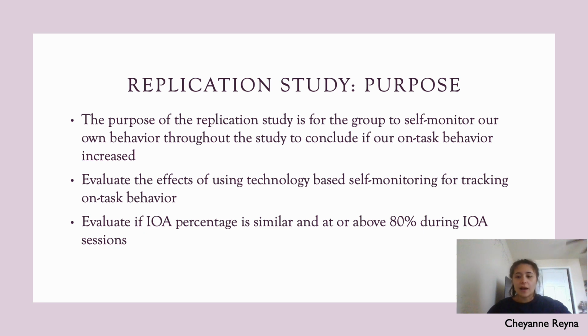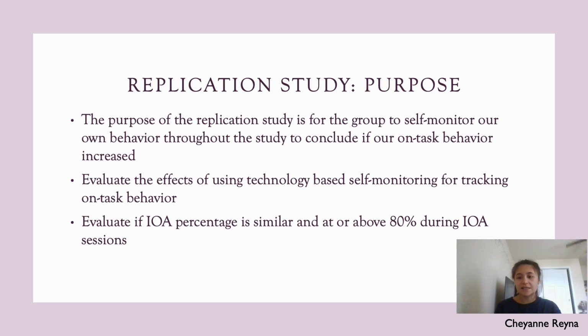Hi guys, so I'm going to explain the purpose of the replication study. So we put down three. The first one is that for the purpose of our replication study, the group will self-monitor our own behavior throughout the study to conclude if our on-task behavior did increase.